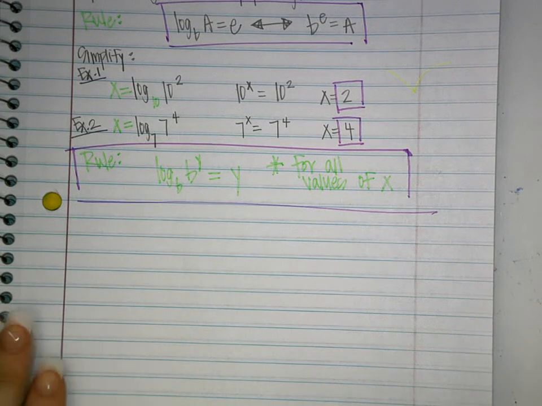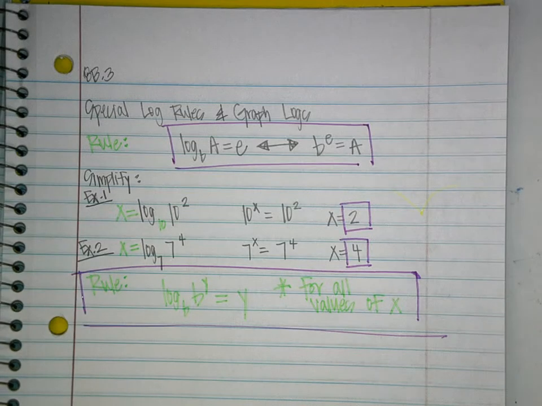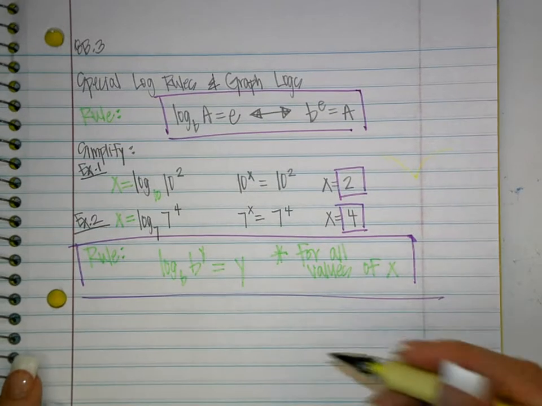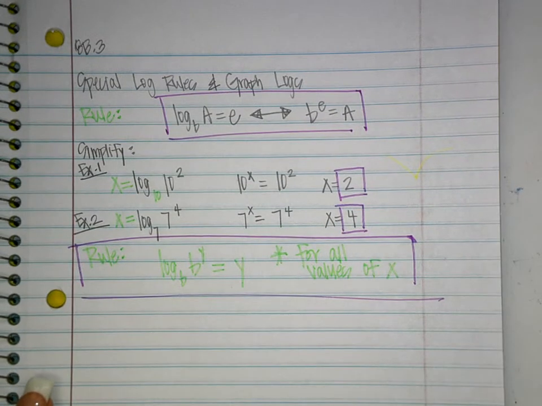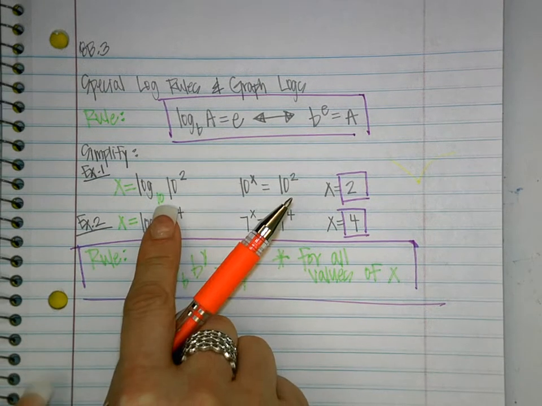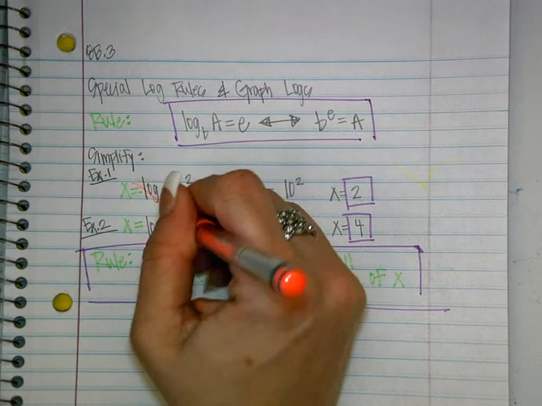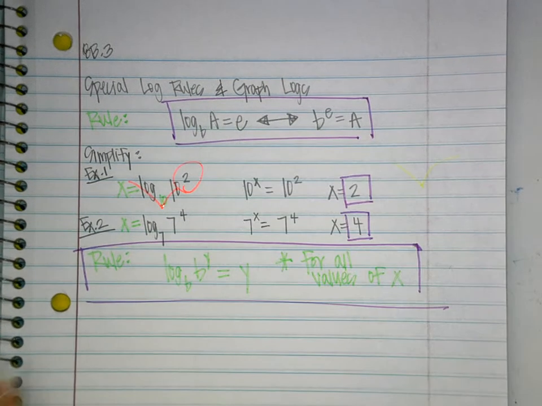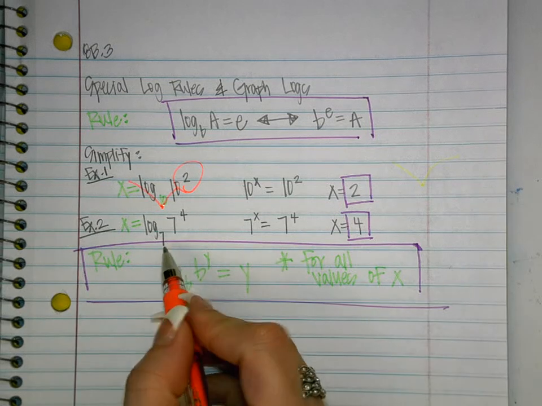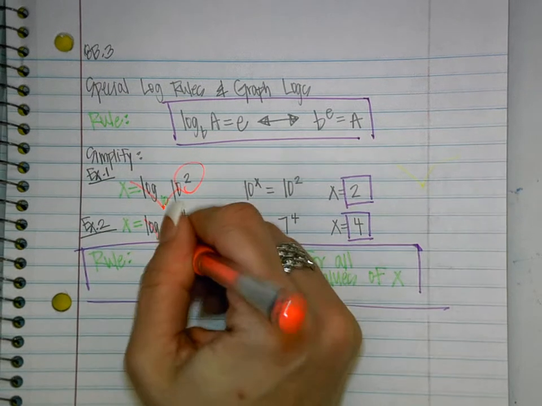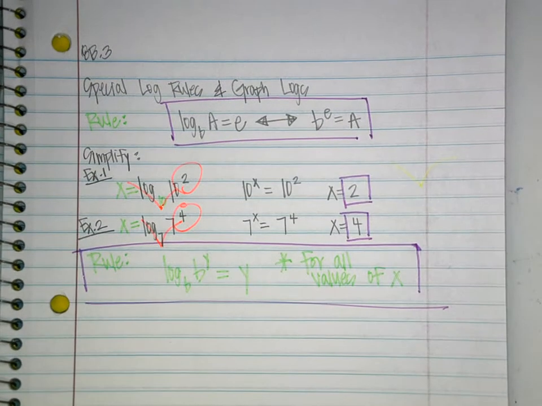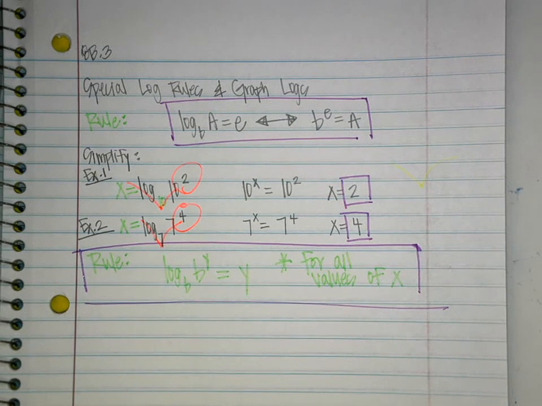Essentially a Siegel problem, all you do, this is very magical, make sure you're paying very close attention, is if you have the same base and the same number, same base and answer, you can do this, and that's your answer. Let me show you again, because it was amazing. This one, same base, same answer. Do this, and that's your answer. That is what's called a Siegel problem in my world.